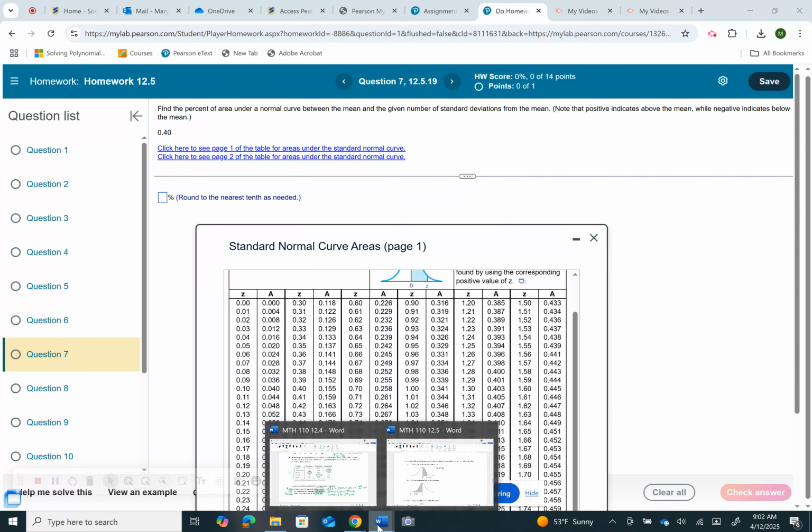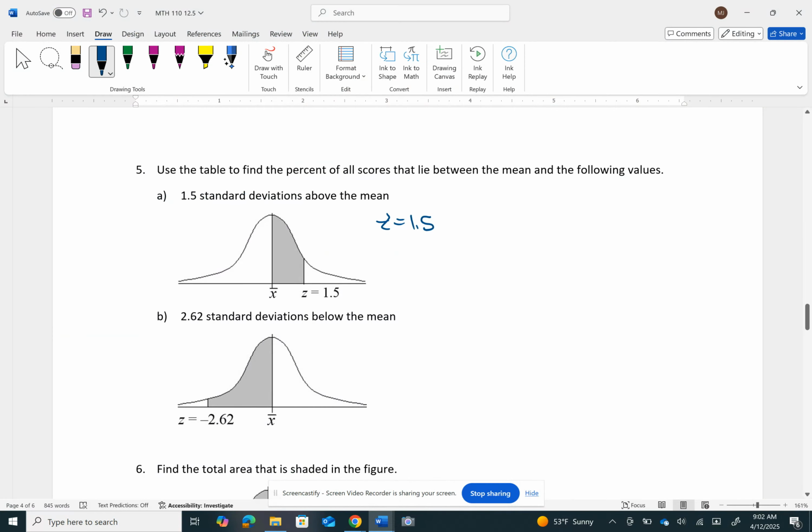So let me go back and write down that. So the A value that I found was 0.433. Now this one said find the percent of scores that would lie between there. So that would be 43.3%.